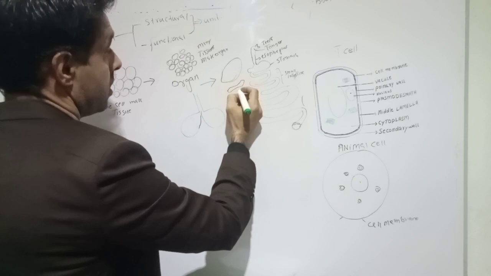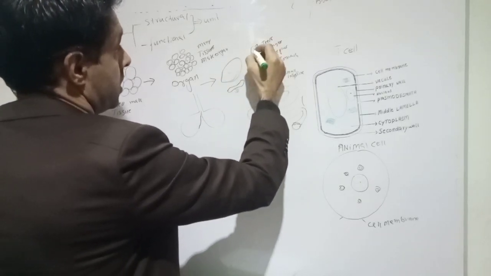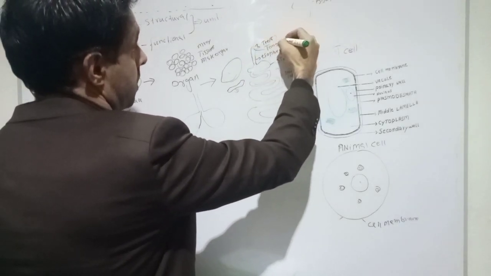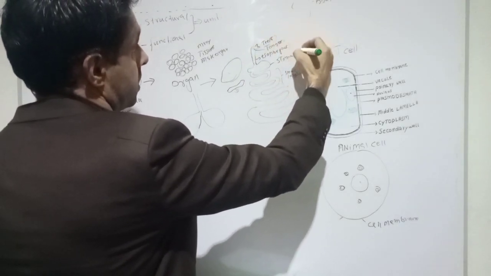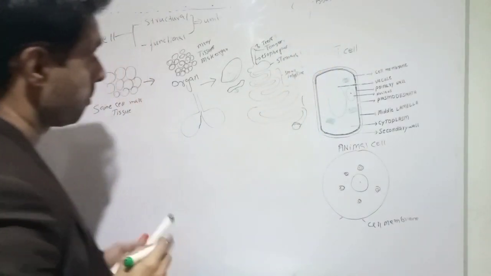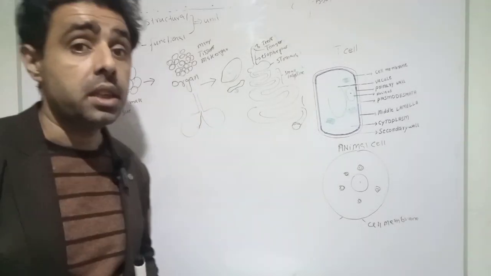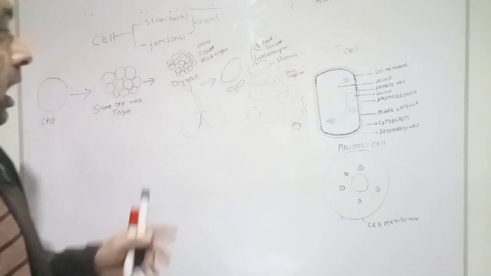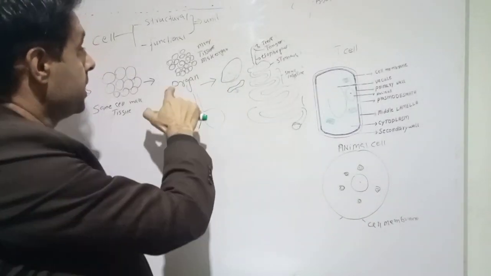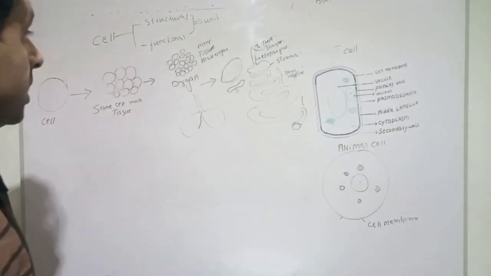This is number one, number two, number three, number four, number five, number six, number seven. All these seven organs are involved in the digestive system. These seven things are called organs.